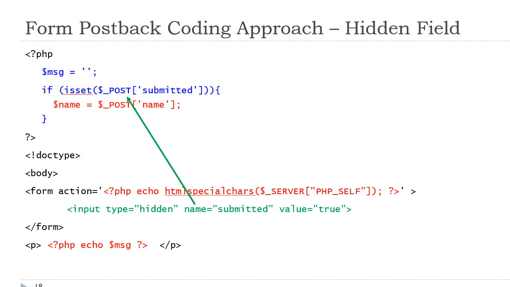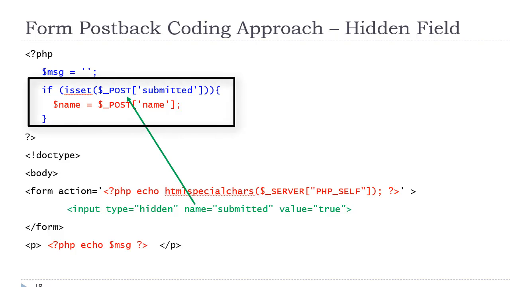Another approach commonly used to determine whether the form has been submitted or not is to check for the existence of a name-value pair. That is done using the isset function. You can check for a hidden field, as I am doing in this example, or you can check for an element on the page.